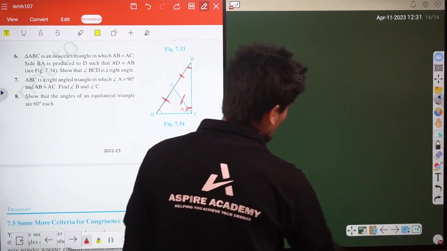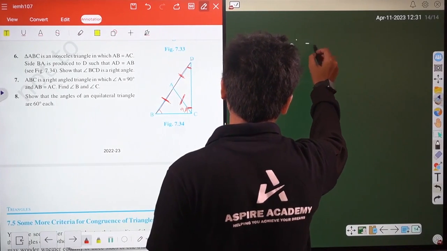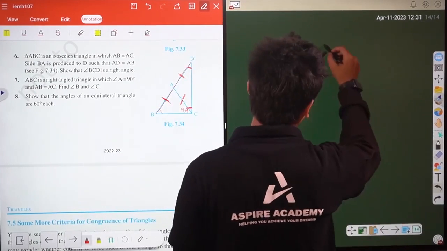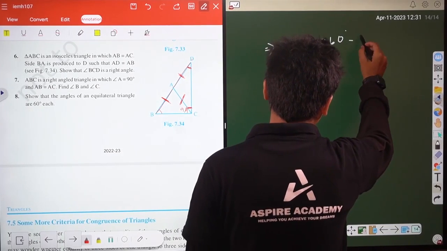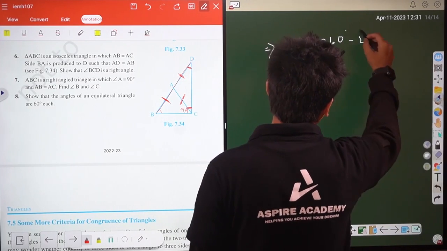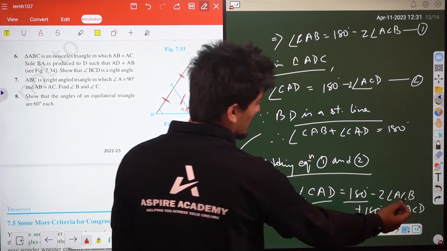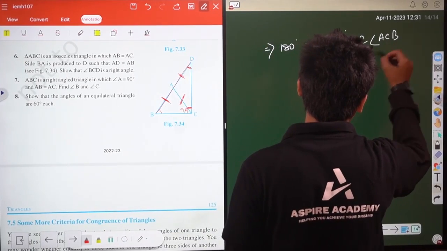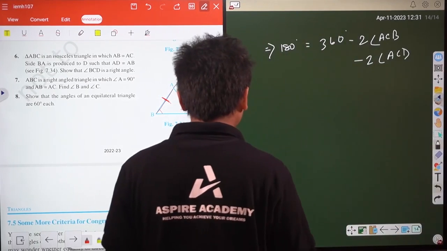So that means we can write here, which implies 180 degrees is equal to, now see here, 180 degrees plus 180 degrees, it is 360 degrees, 360 degrees minus twice of angle ACB minus twice of angle ACD, right?